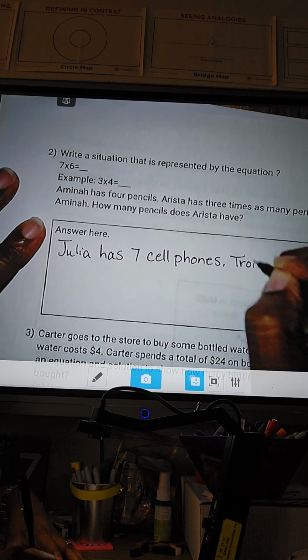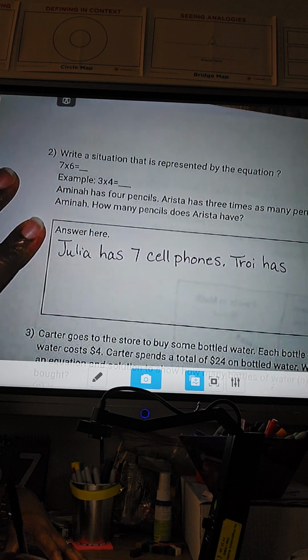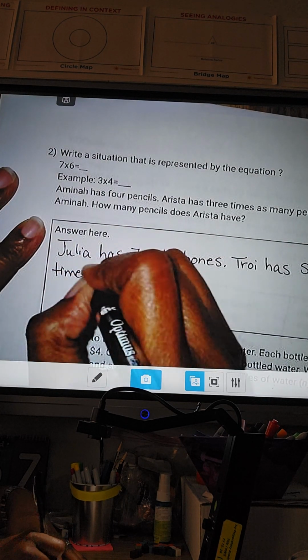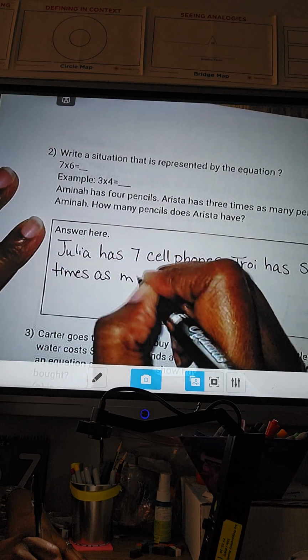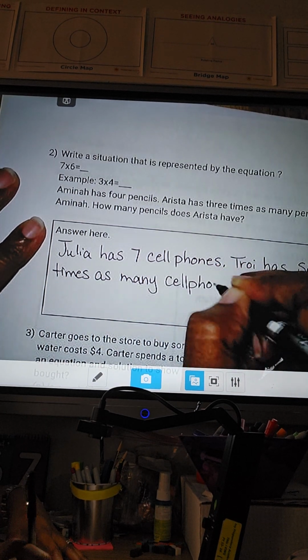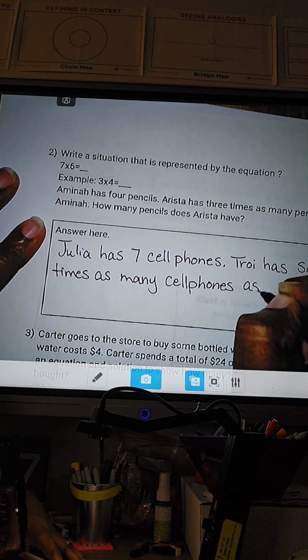Troy has 6 times as many cell phones as Julia.